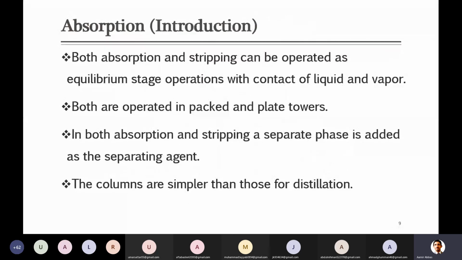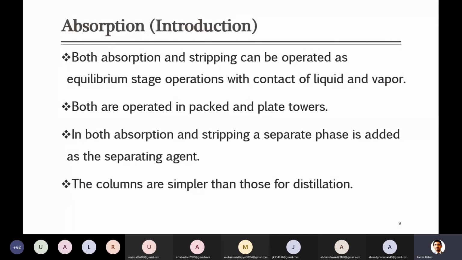Up to here we have talked about absorption. After defining absorption and stripping, we moved to the types of absorption, physical and chemical. Out of those, chemical is better because with the same amount of liquid you can get more absorption compared to the physical case. In chemical absorption, out of reversible and irreversible, the most commonly used is reversible.